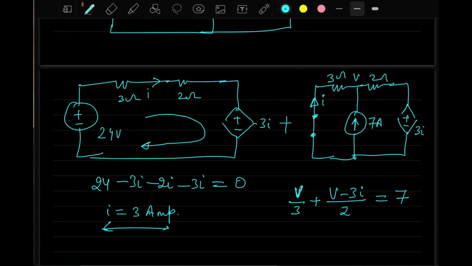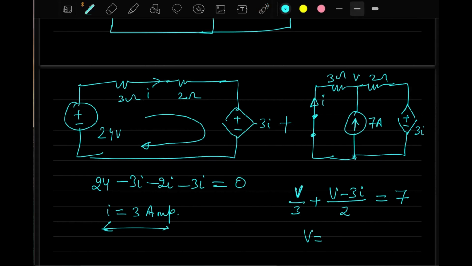So what you can do now, you can write another expression. What will be the answer here? V is equal to, if I want to write it in terms of I and 3. In these terms, if I want to write voltage in terms of this current and the resistance 3, what will be the answer? 3i. Why 3i? It will be minus 3i.